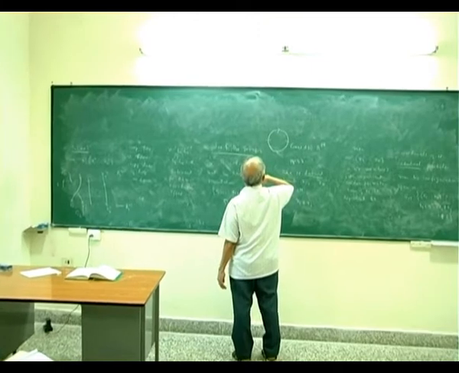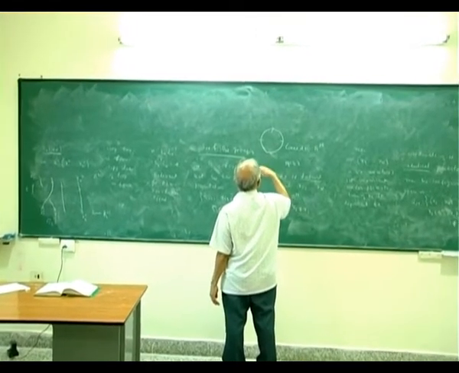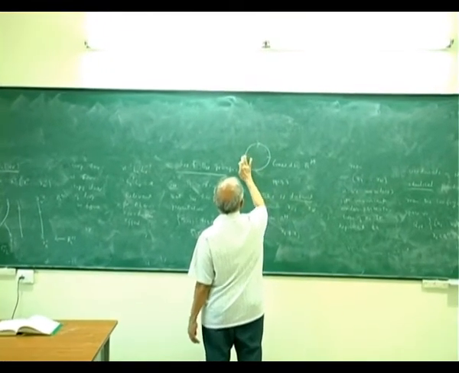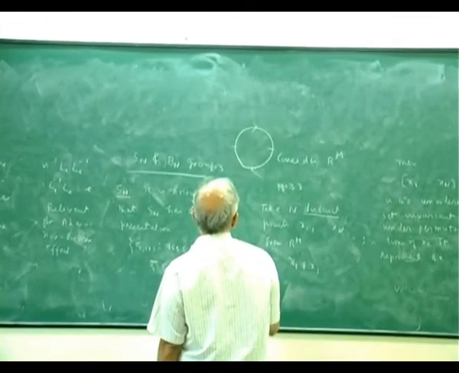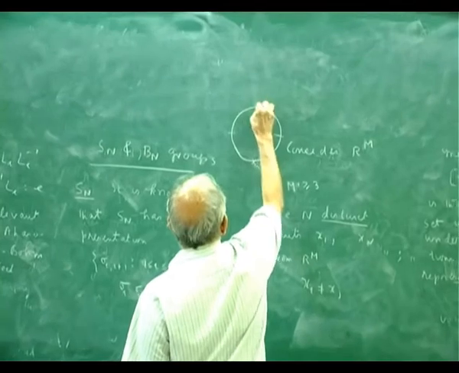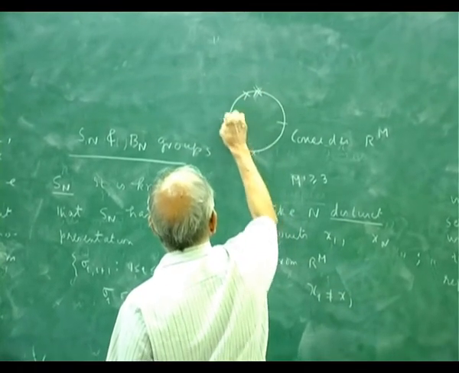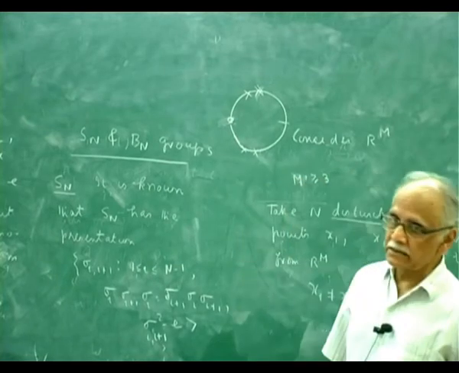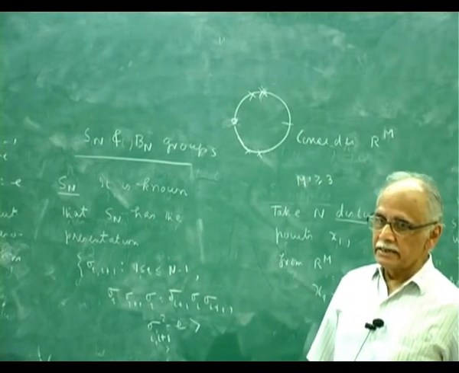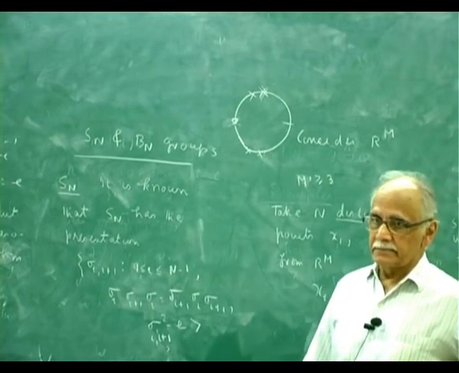But that is singular, right? Because you have to tell how you are identifying. So what happens here? You get a singularity. It is an orbifold, and that's not the kind of thing I am considering here.